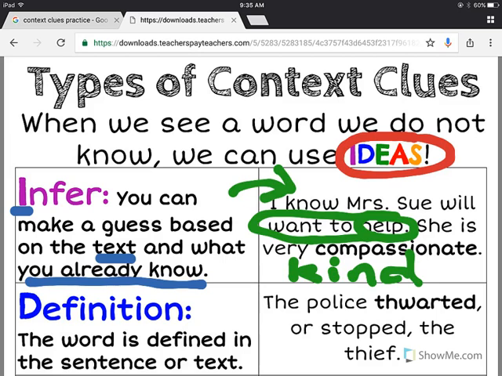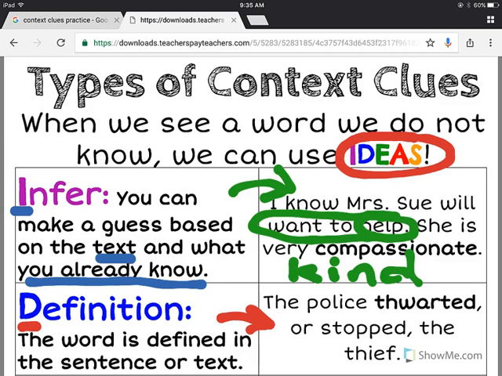The second letter of IDEAS is D. That stands for definition. We know what a definition is. A definition means it's telling us exactly what the word means. One of the big clue words is looking for words like "or." Check out this sentence over here.